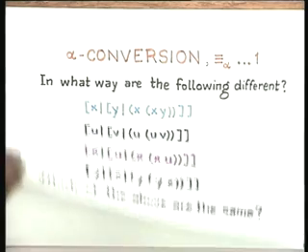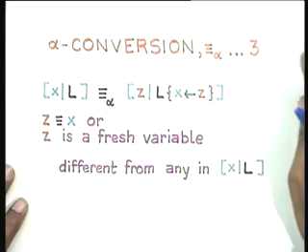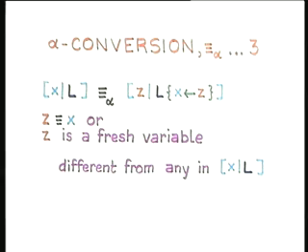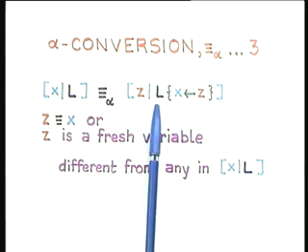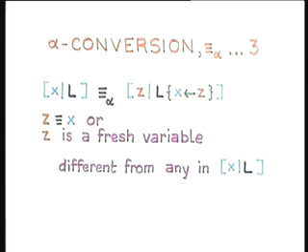Right. So what is alpha conversion? We have to define that rigorously too. Alpha conversion just says that given a term of the form lambda x L, it is alpha equivalent, that means it is almost syntactically equivalent, to a term in which there is a bound variable z and all free occurrences of x in L are replaced by z.